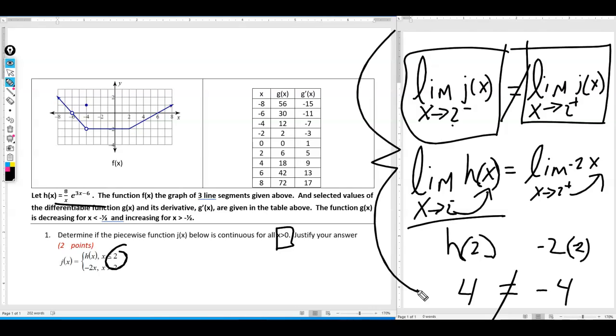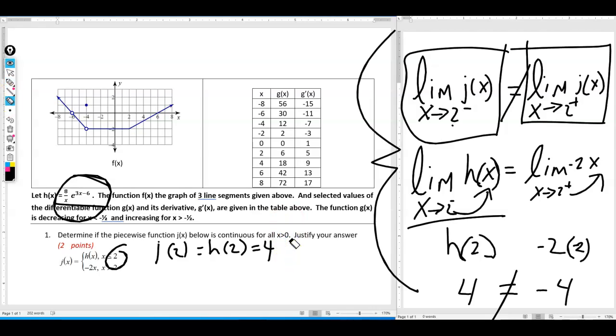But here's how perhaps I would write my answer on an FRQ. I would say, okay, well, j of 2 equals h of 2, which is equal to 4. I don't think you really need to show your work for where we plugged in 2 here, because that's something you can actually do mentally, but it can't hurt to show your work.